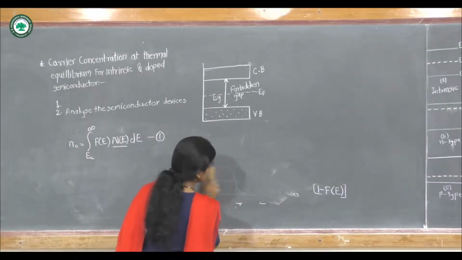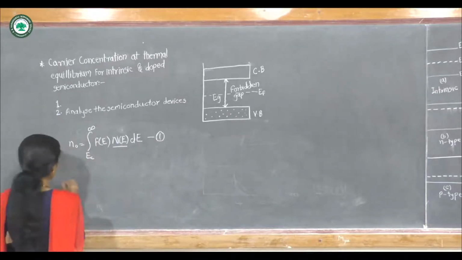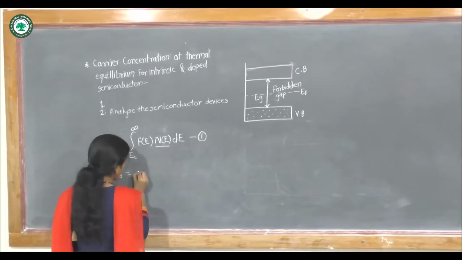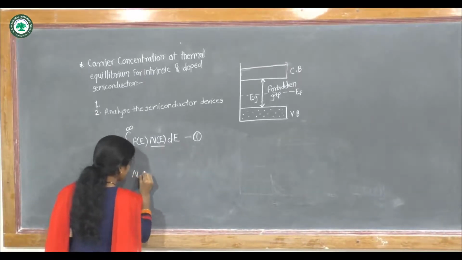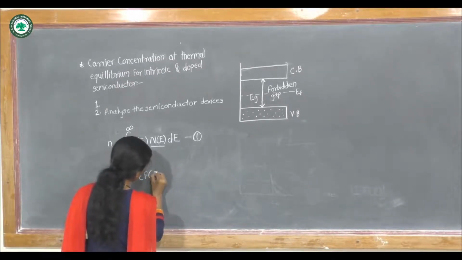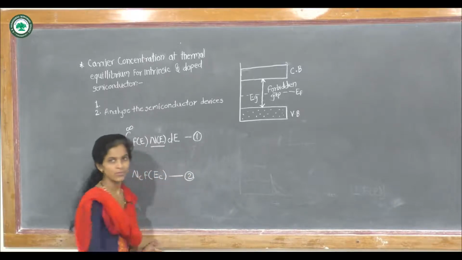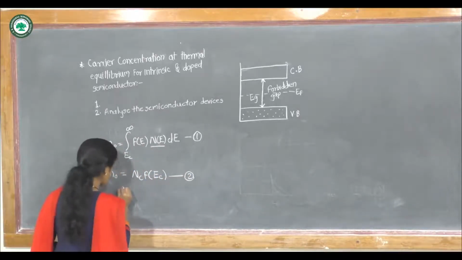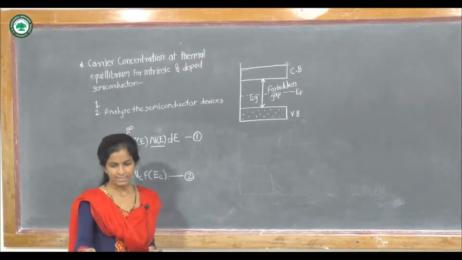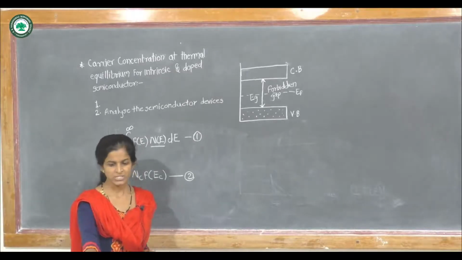By integrating this equation, we get n naught is equal to Nc into f(EC). This is equation number 2, where this Nc is nothing but the effective density of states in the conduction band.